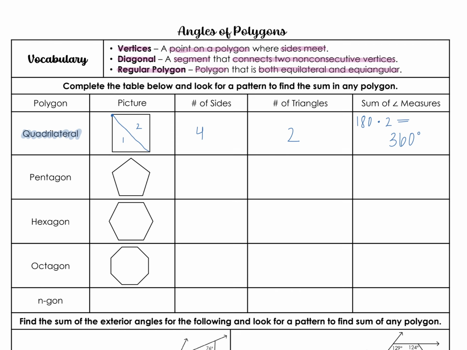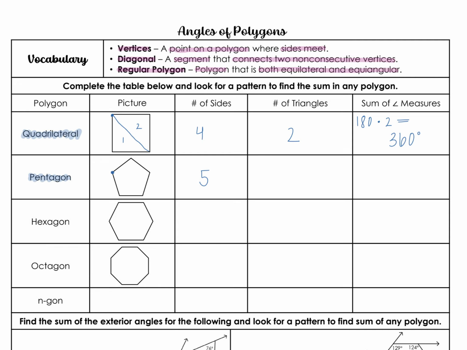Okay, then let's move into our pentagons. Okay, so a pentagon is just going to have 5 sides. So I'm going to fill in here, my number of sides is 5. And so to find my number of triangles, I'm going to just pick a vertice, and I'm just going to use this one right here to start.